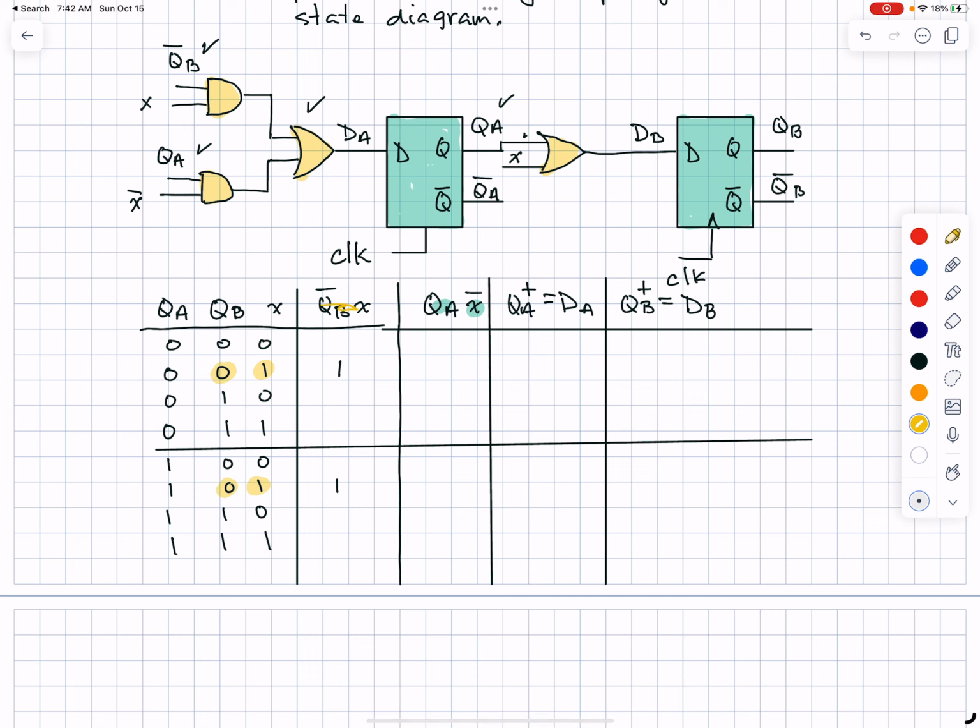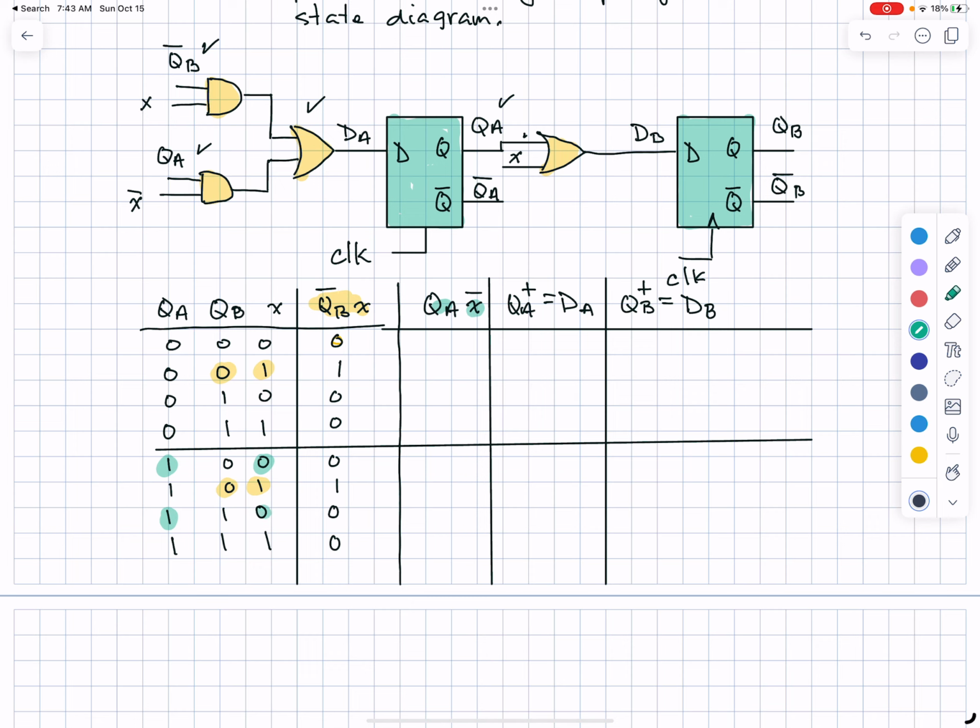Sorry for that diversion. Let me highlight that to be consistent. Just finishing this off, the rest of these would be zeros. Next, moving on to QA X bar, I'm looking for QA equal to 1 and X equal to 0.